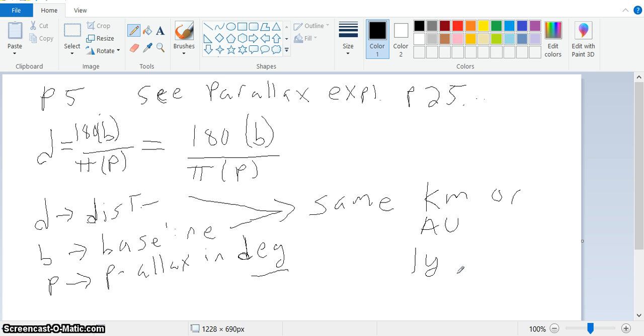But the baseline, you can't have light years for the baseline. So let's cross that out. Very typically, we'll use a baseline of 2 astronomical units for stellar objects. We'll get more into this later. But for things on Earth, we tend to use kilometers as our baseline, as our example shows.